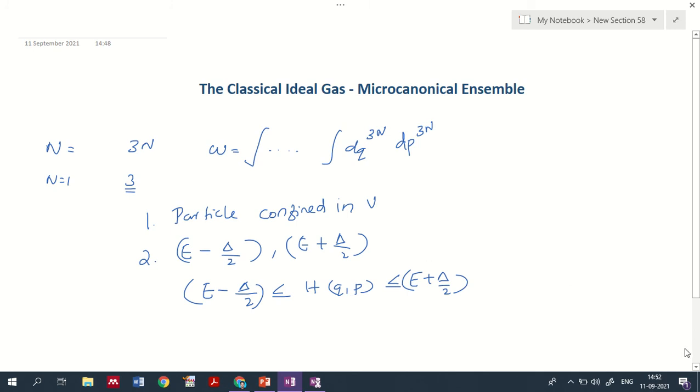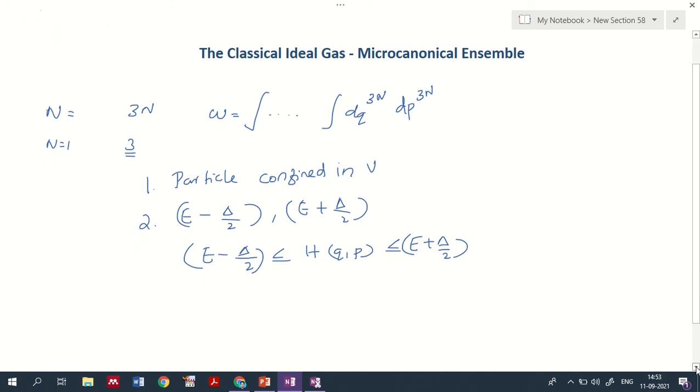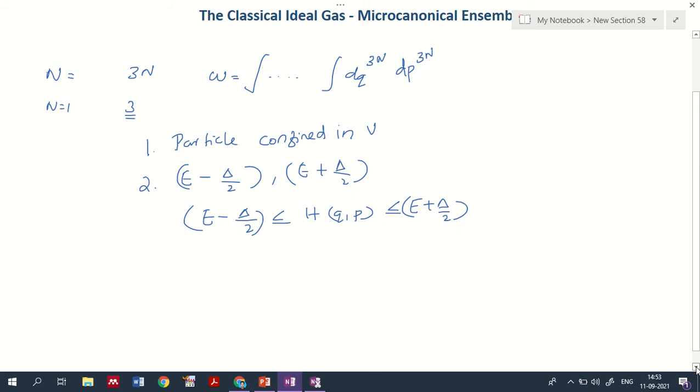In this case, when you consider a classical ideal gas, we are basically dealing with different atoms. In an ideal gas, the particles are non-interacting, so the potential energy will be equal to 0.